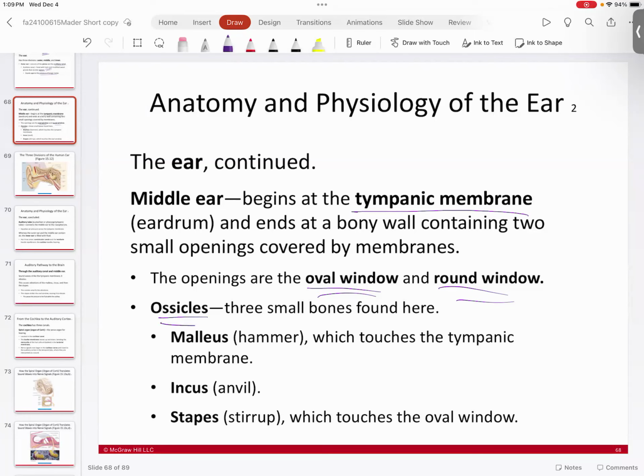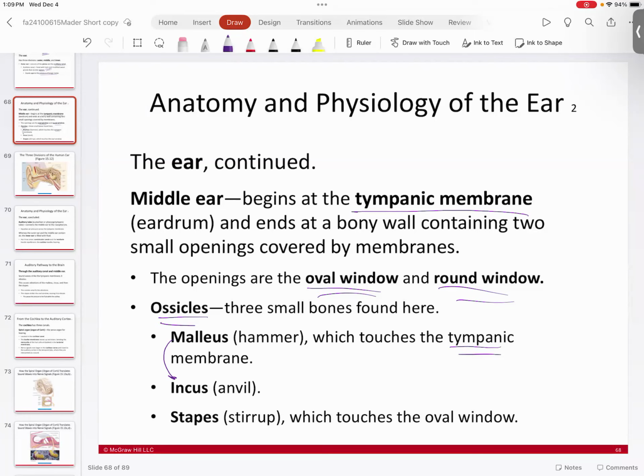They're connected together. The first one that you're going to see is the malleus, or the hammer. The malleus's job is to grab onto the tympanic membrane, and then it connects and attaches to the incus, which is the anvil. They're called hammer and anvil because that's what they look like.